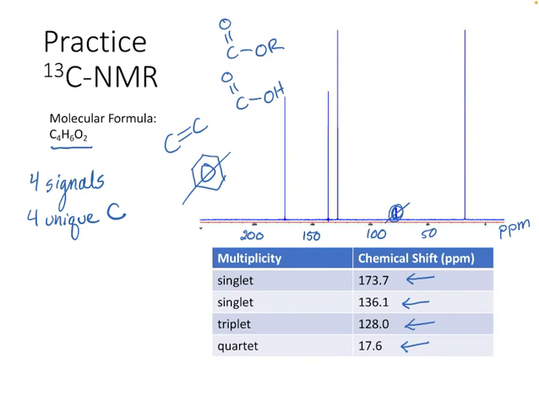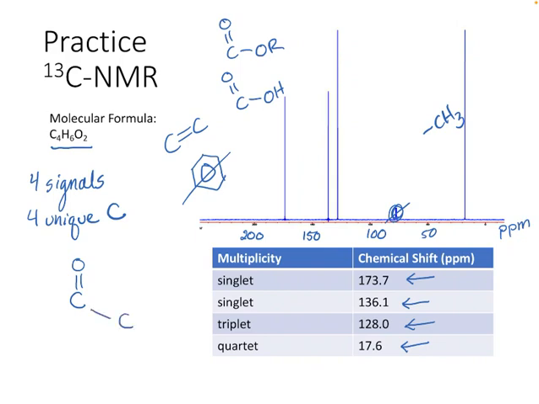Okay, and then let's see. So let's start piecing together what we might have here. Oh, and I forgot to draw a CH3 group over here, sorry. All right, so we likely have either an ester or a carboxylic acid. Okay, so I'm just going to draw a carbonyl.